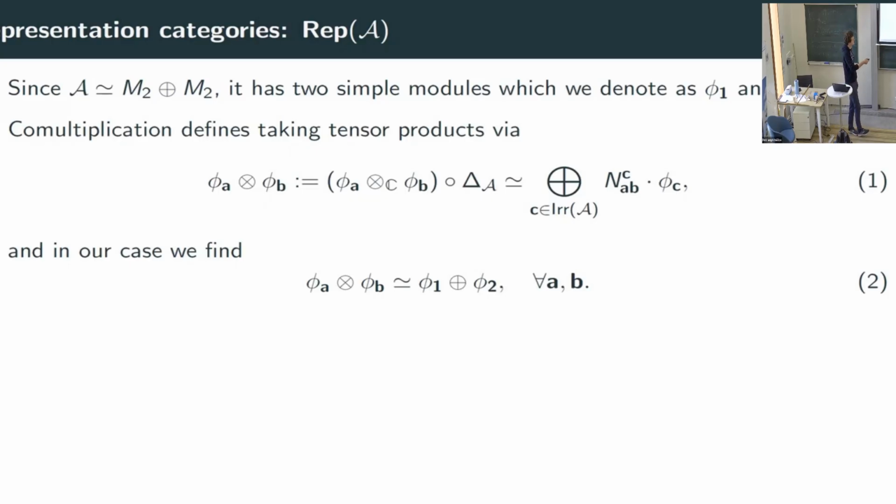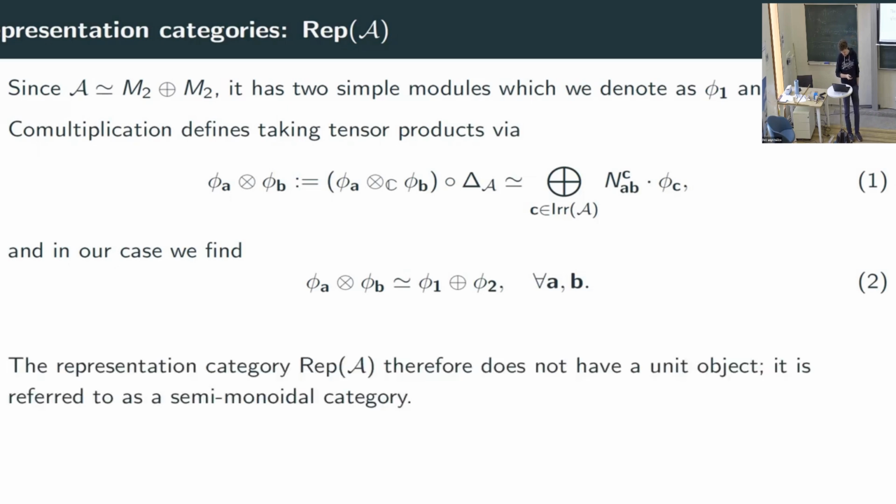So you can extract fusion rules for these representations. And in this case, we find that any representation times any other representation gives you the sum of your two representations. So this is a little bit weird in the sense that this representation category does not have a unit object. So it wouldn't be fair to call it a monoidal category because you're assuming that there's a unit there.